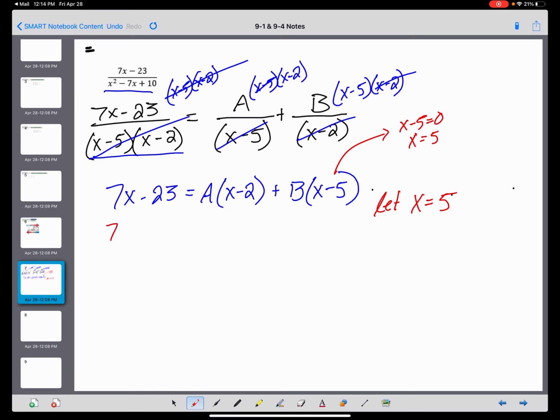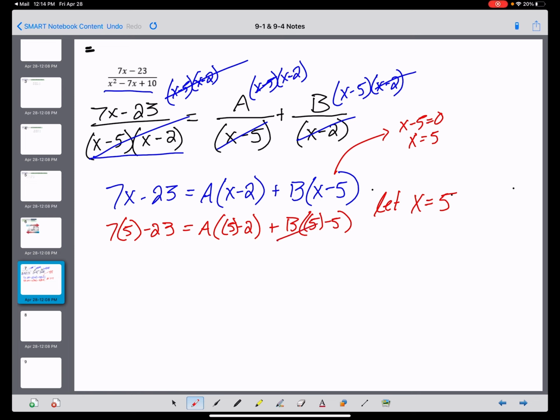So 7 times 5 minus 23 equals A times 5 minus 2 plus B times 5 minus 5. Well, 5 minus 5 is 0, and B times 0 is 0.